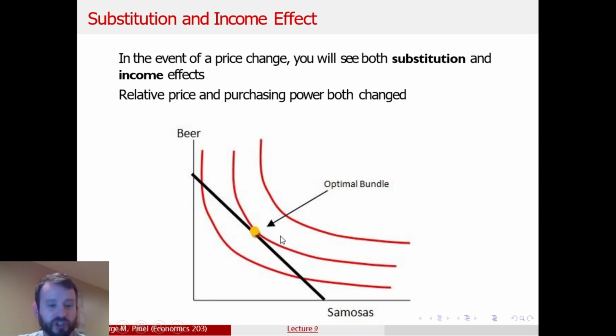That's your optimal bundle. How do you know that? Because it's the point at which the budget constraint is tangent to an indifference curve. So it's touching the indifference curve at only one point. Another way of saying that is the marginal rate of substitution for this indifference curve is the same as the price ratio for beer and samosas, and the budget constraint is exhausted.